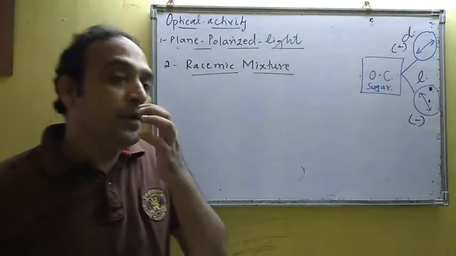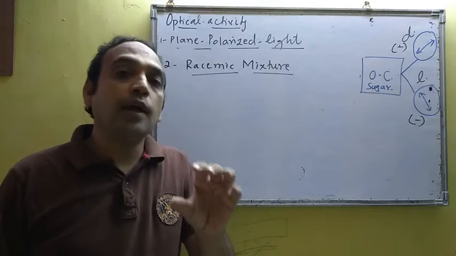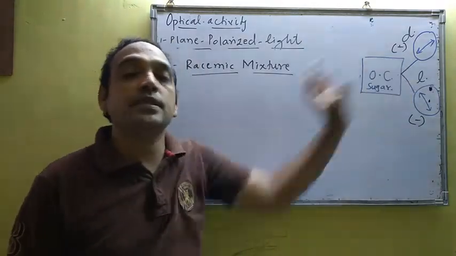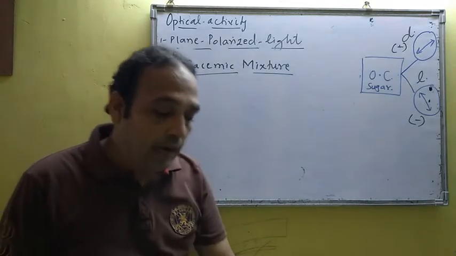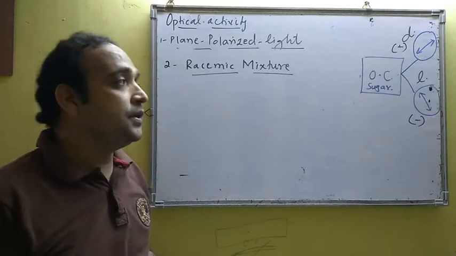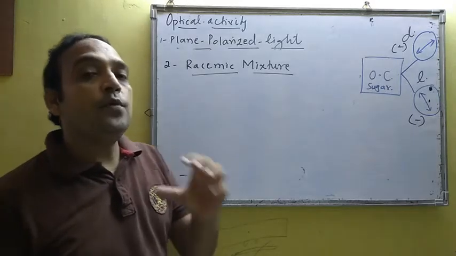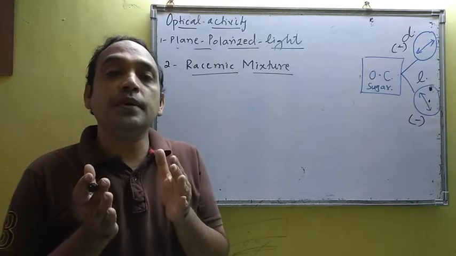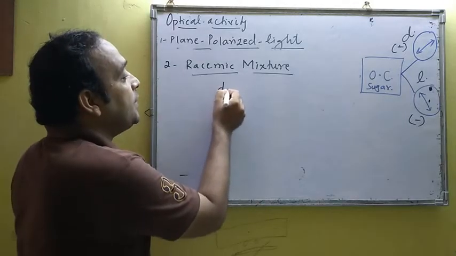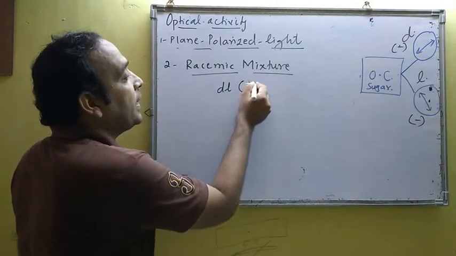A racemic mixture means equimolar quantities of two opposite rotatory substances, that is dextro and levo, and it is represented by dl or plus minus sign.